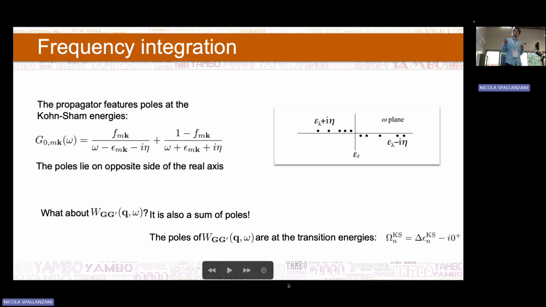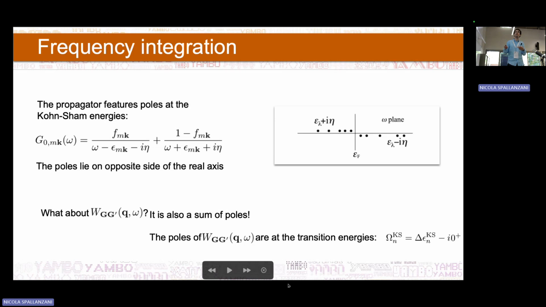No, I am not. This is the Lehmann representation of the propagator. The poles of the propagator will be at the, in this case, at the Kohn-Sham energies, because we have started with a DFT computation. If you make another choice of starting point, you will have the poles at the energies of the theory you use as your starting point. So in this case, yes, they will be Kohn-Sham energies.